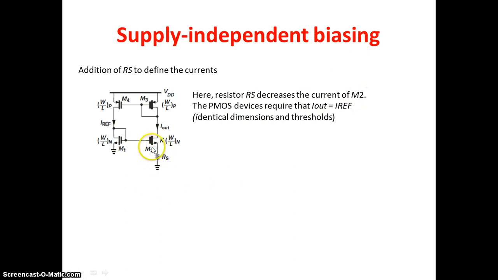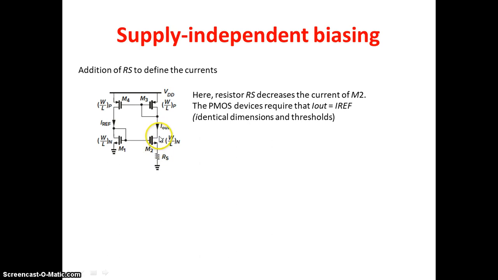You may wonder how the current in M2 is going to reduce due to RS. Whatever the VGS here is, it is going to be replicated. The same VG voltage is going to reflect across M2, but here it is going to have a drop across RS. That is why this total VGS is going to be reduced, and that is why it is going to reduce the current.